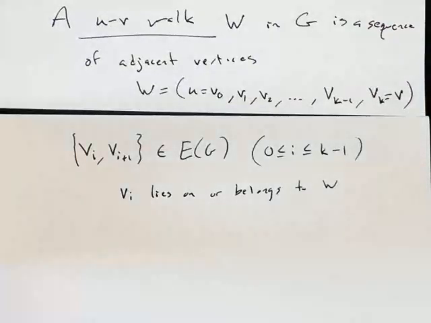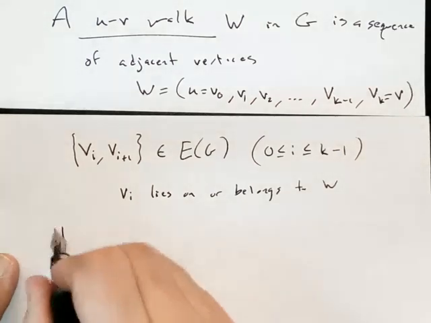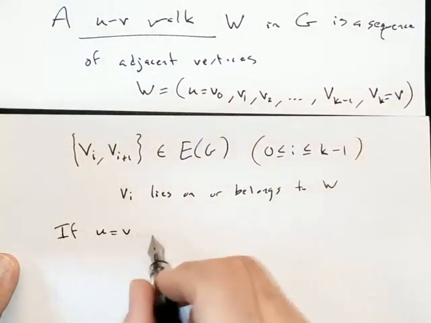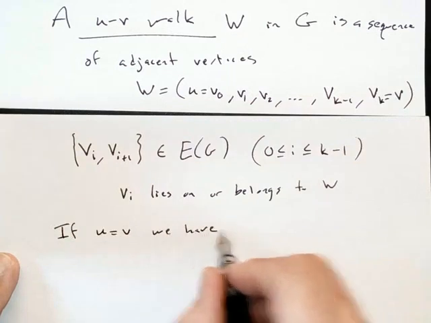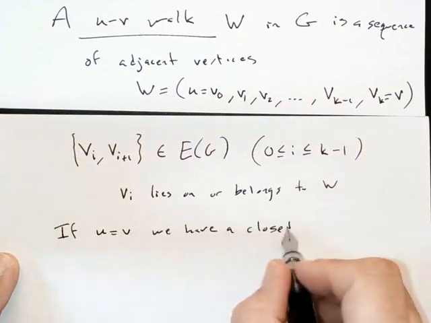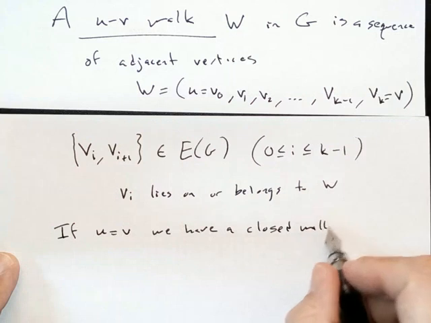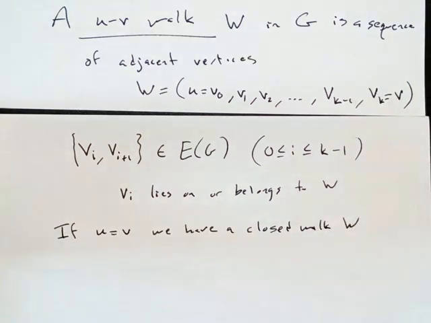What if U and V are the same vertex? Start here, I end here, right? I've made a closed walk. Otherwise, I have an open walk.